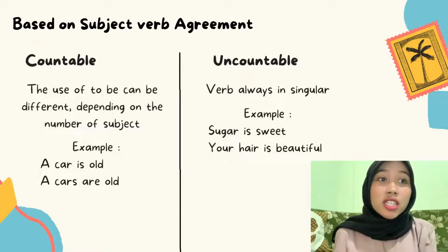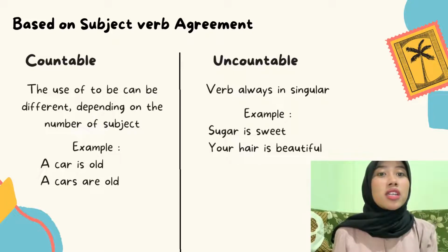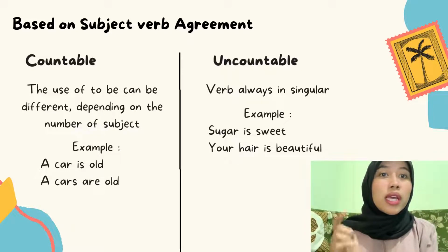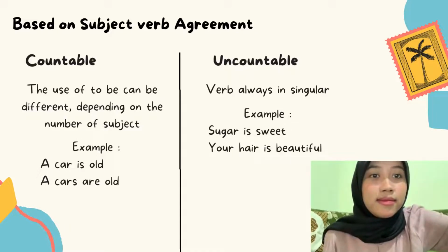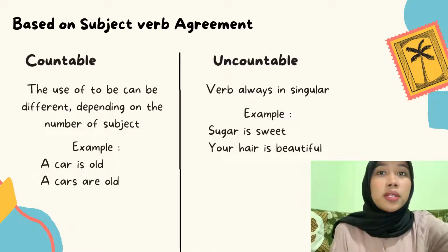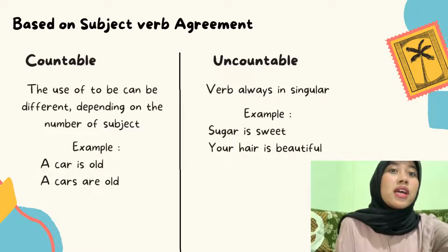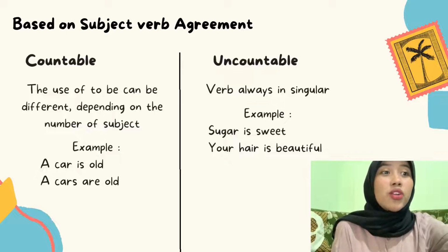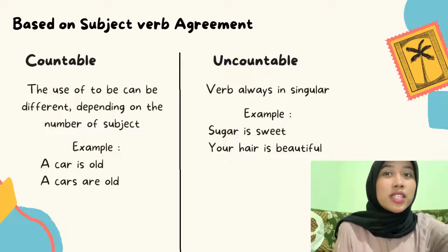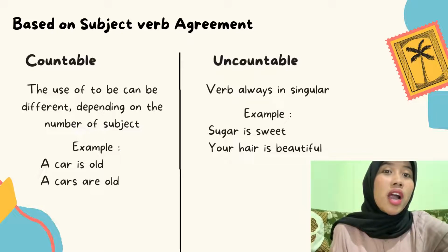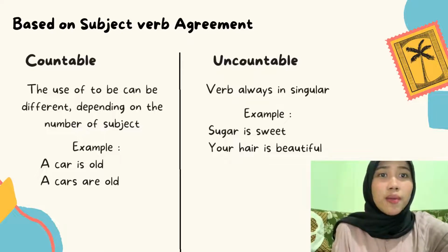But cars are old because there is more than one car, so it's plural. You use are. But for uncountable noun, the verb is always singular. So the example is, sugar is sweet, your hair is beautiful. So don't say sugar are sweet or your hair are beautiful.